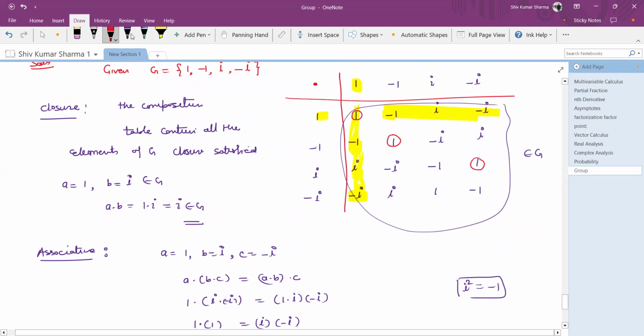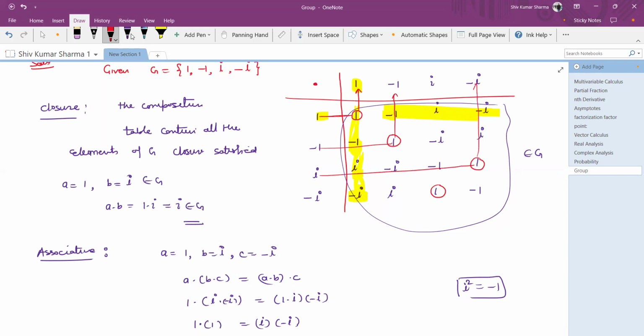So these are the identity elements. Now we see that the element 1 for identity element having image is 1. So inverse of 1 is 1. Minus 1 having the image is minus 1. So minus 1 inverse is minus 1. And iota inverse is minus iota. And minus iota inverse is iota.